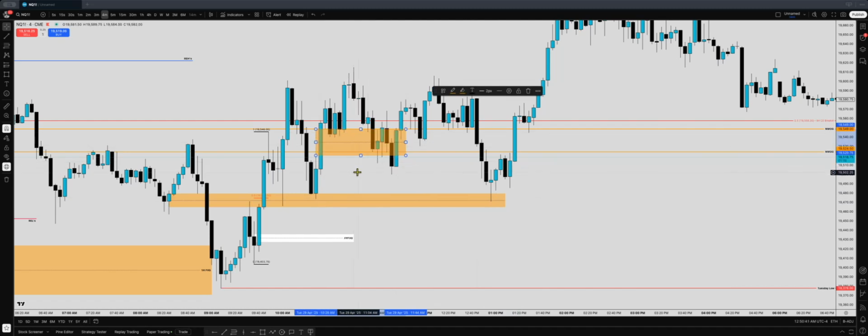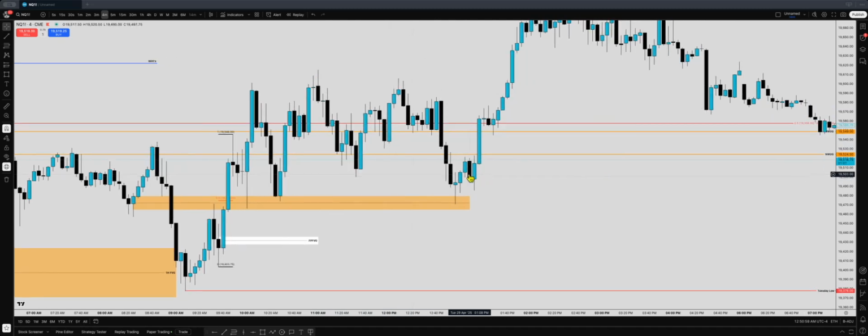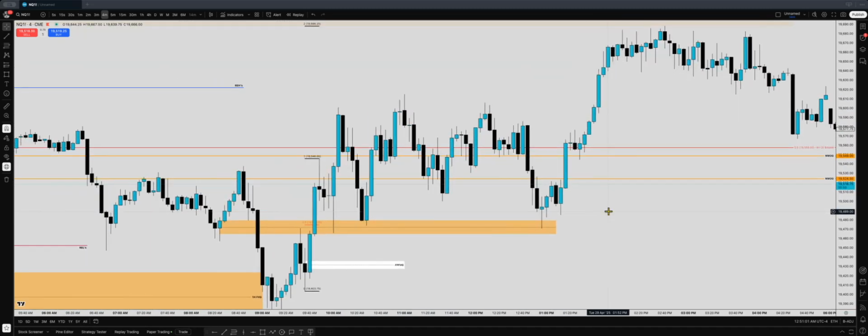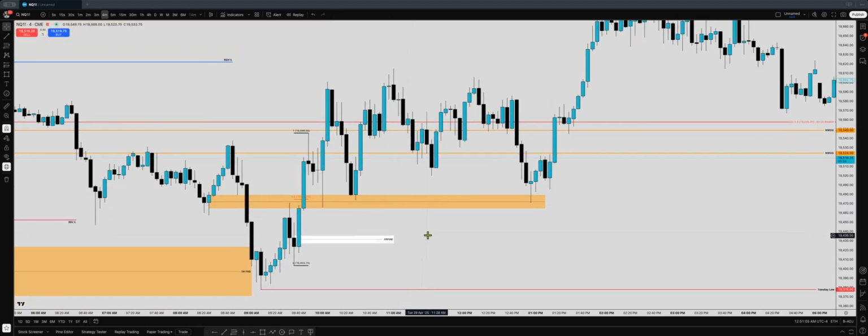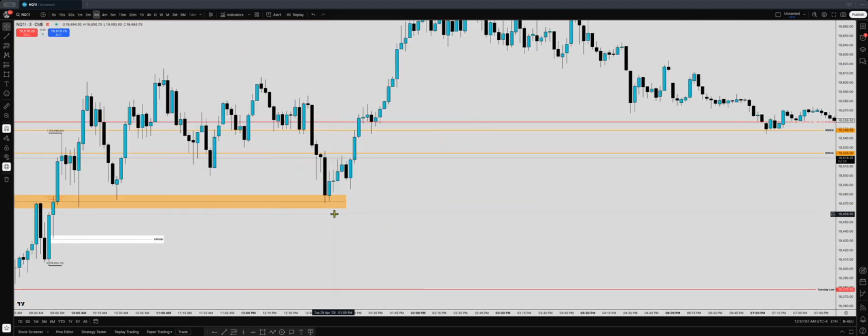That's still at the 50% level from these relative equal highs to that low. But up here, now you're already in premium, so you really wouldn't want to take that. So there's the 4-minute, and I don't see anything else down here. Nothing here. Let's look at the 3-minute.